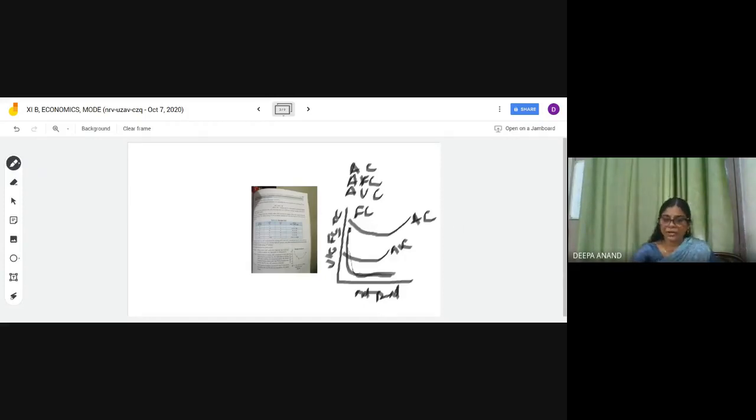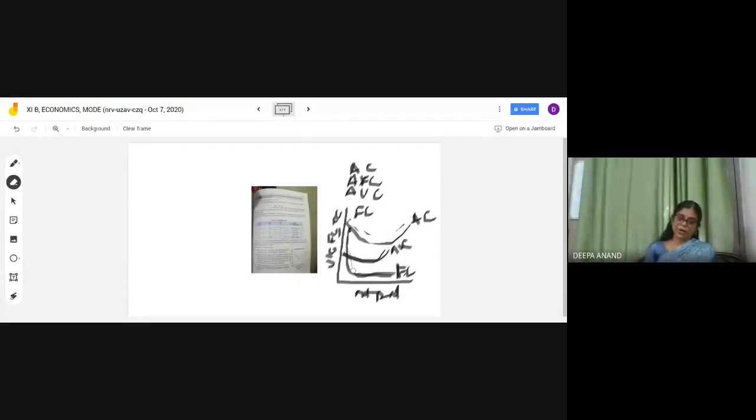This is your average fixed cost curve, AFC, and this is your average variable cost curve, AVC, and it will come a little towards this, like this. And your average cost curve is like this. So when you present all three curves in a particular graph, it will come like this.